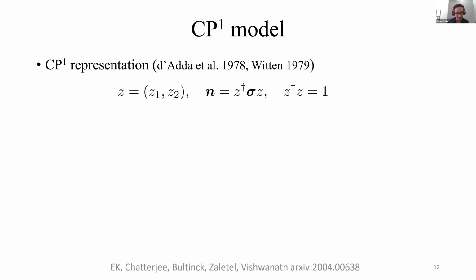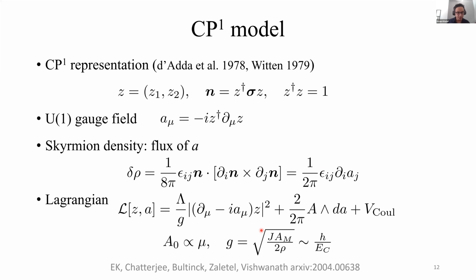But the important thing is that the skyrmion density in this language is just expressed as a flux of A, so a skyrmion would be just a 2 pi flux of A. In terms of these variables, we can rewrite the theory. The kinetic term becomes the kinetic term of the z field minimally coupled to this U1 gauge field, and the coupling to the chemical potential takes the form of a mutual Chern-Simons term.